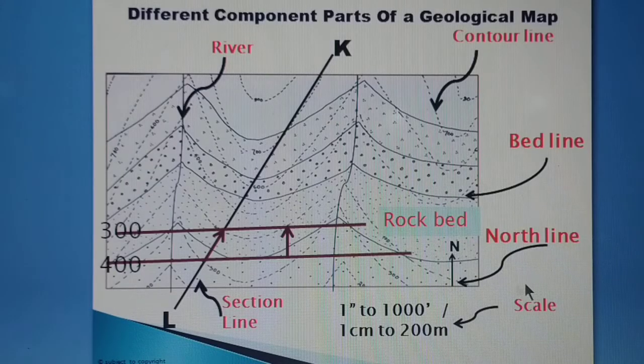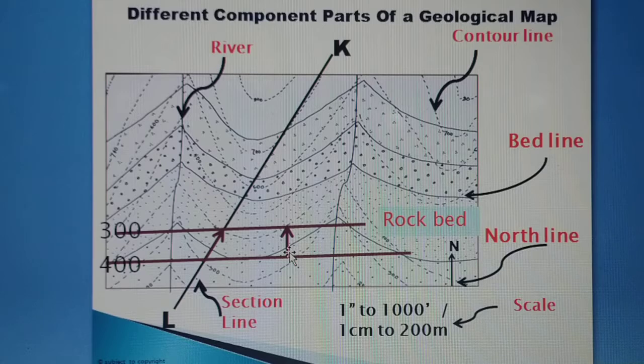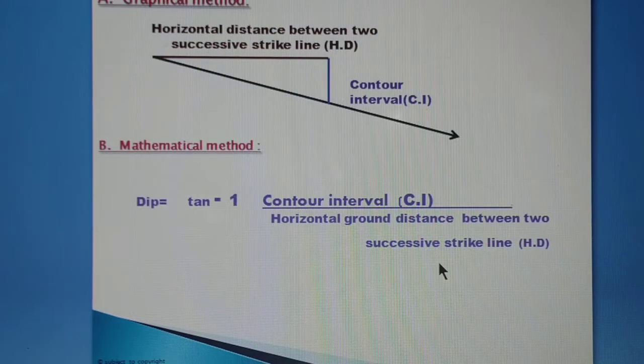Or if the scale is 1 cm to 200 meter and this length is suppose 0.5 centimeter, then this value will be 100 meter. So after putting these two values, press tan inverse and then shift mode degree, and in this way you will get the dip value.